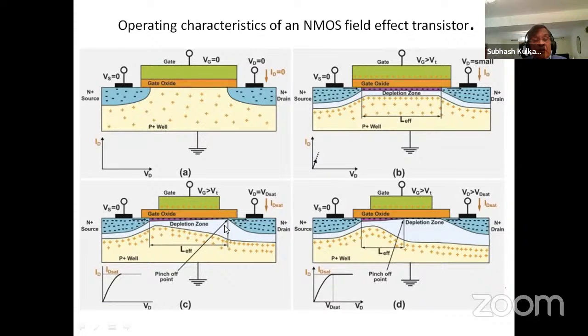And this particular region starts pinching off, and beyond that, if you apply voltage beyond VD sat, as it is called, the saturation voltage, you saturate the current, and this IV curve flattens out. You cannot get any more current out of this.